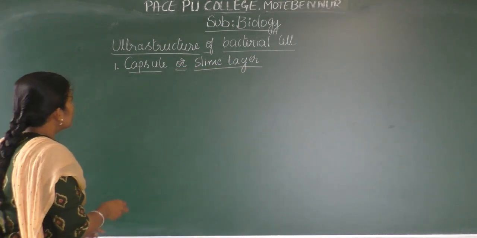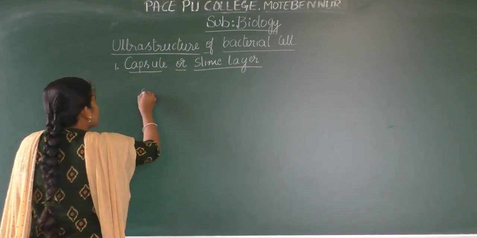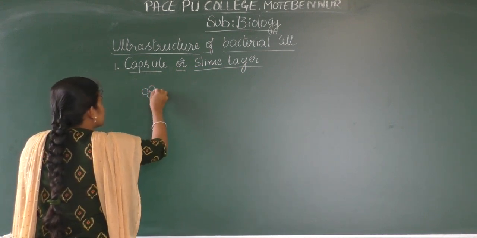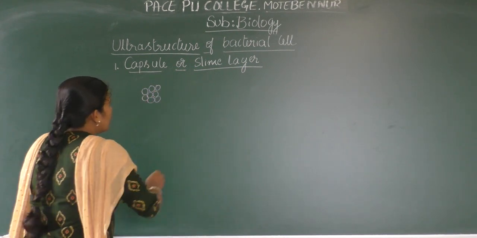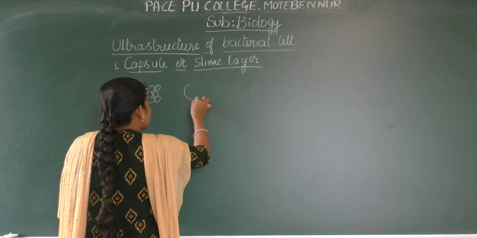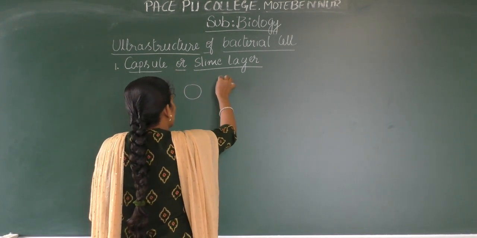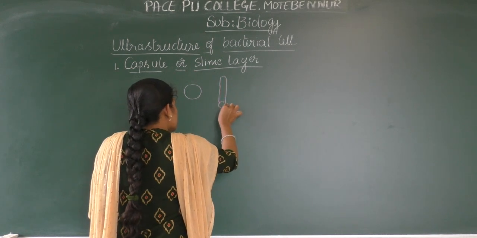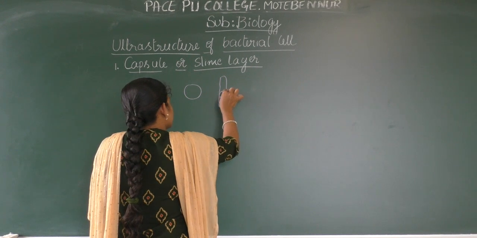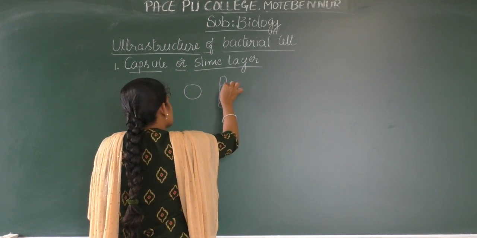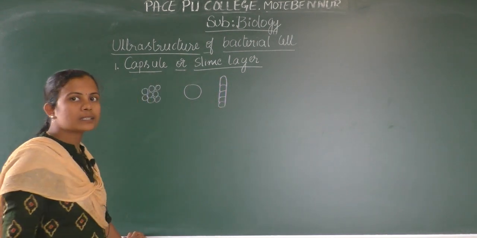Here you can find that bacterial cells may be present in colonies. They may be separate and single, or they may be filamentous, where there is continuous addition of cells in a ladder-like structure, and that is called the filamentous structure of a bacterial cell.